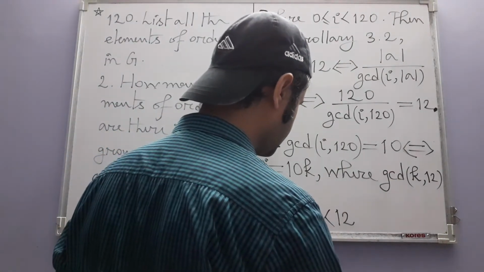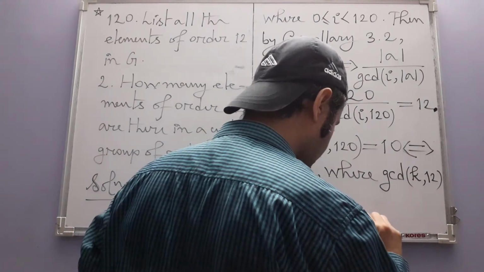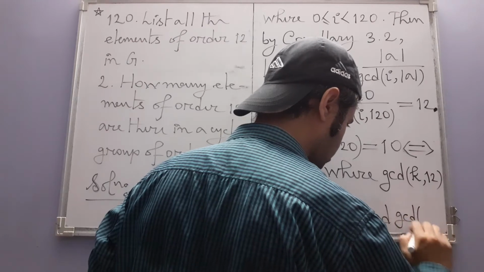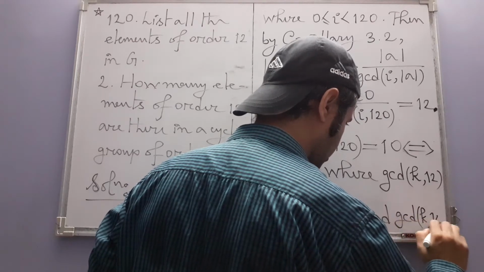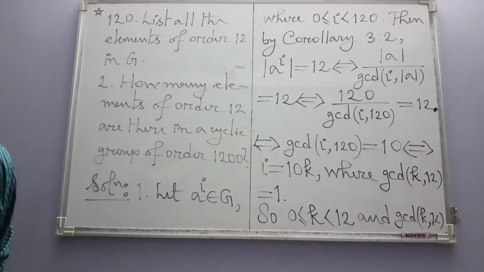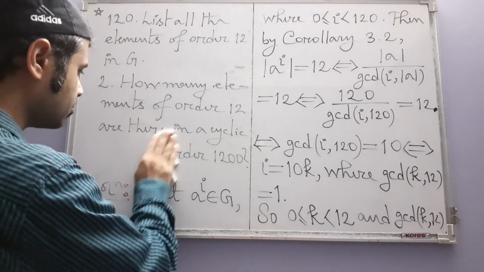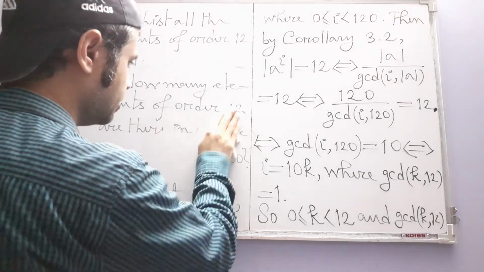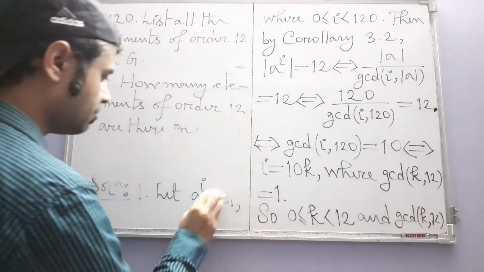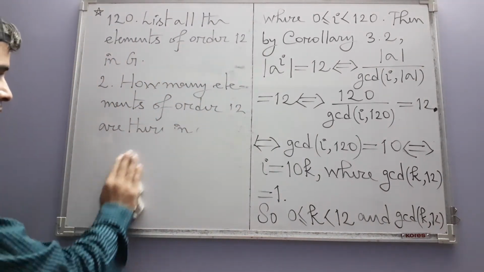But we just simply include it. So this, and GCD of k and 12 is equal to 1, and you in fact don't even have to worry about k being 0, because the condition that this GCD has to be equal to 1 automatically tells you that whatever k is, it is not 0.